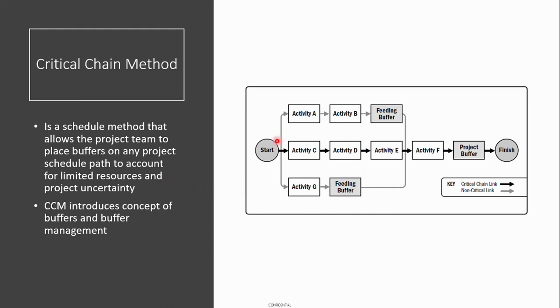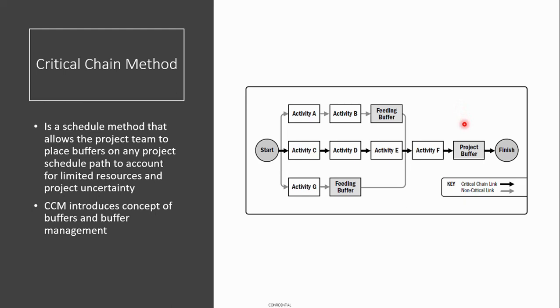So in the critical chain method, unlike in the critical path method, project buffers are placed at the end of each activity path, and then after the critical path there can be a project buffer.